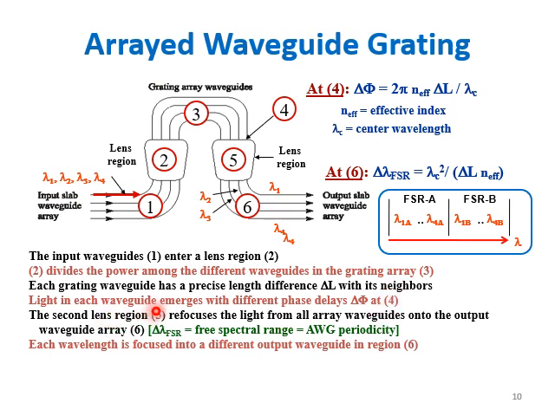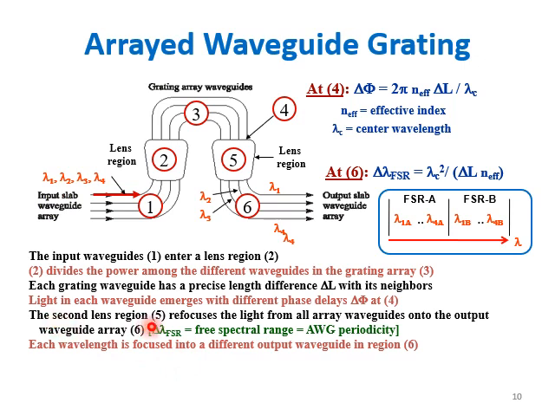The light in each waveguide emerges with different phase delays delta phi at region 4, given by the equation 2 pi n effective delta L by lambda c, where n effective is the effective refractive index and lambda c is the center wavelength of the defined signal.